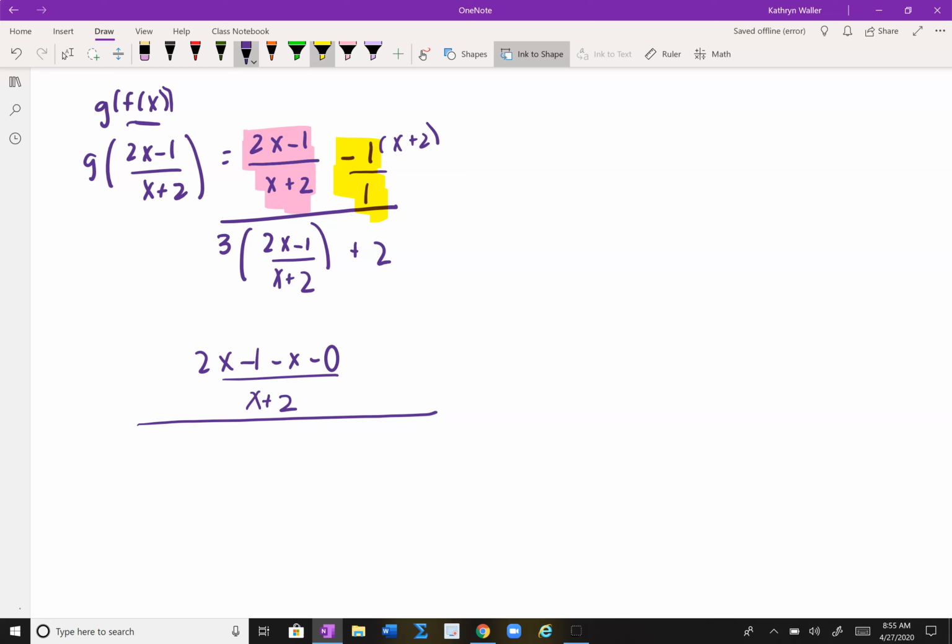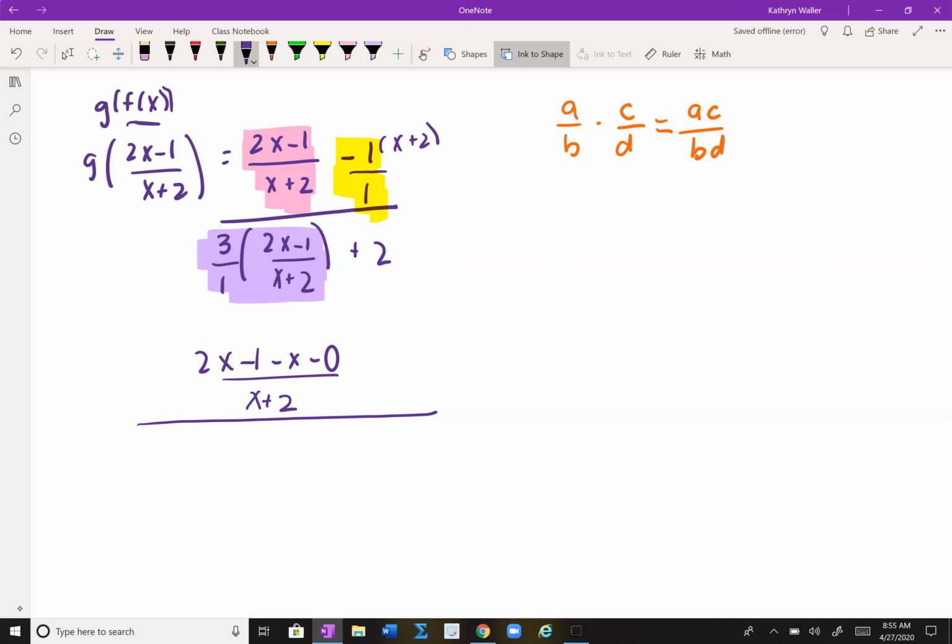Right here, you have to remember how to multiply fractions. If you have a over b multiplied by c over d, you just go ac over bd. So when I multiplied this right here, this 3 does not get multiplied by the x plus 2, because the 3 is not on the bottom. This is 3 over 1.